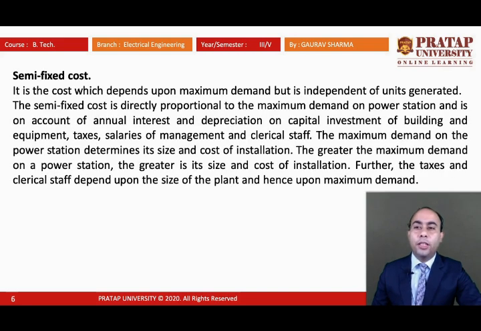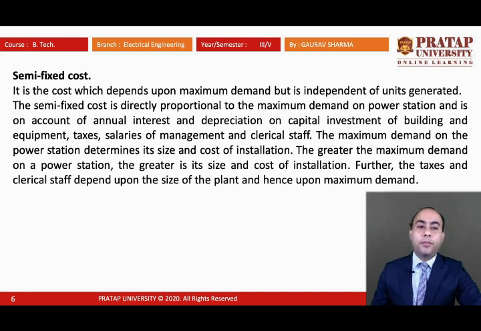When we look at the semi-fixed cost, it is the cost which depends upon maximum demand but is independent of units generated. The semi-fixed cost is directly proportional to the maximum demand on the power station and is on account of annual interest and depreciation of capital investment in building and equipment, taxes, salaries of management, clerical staff, etc. The maximum demand on the power station determines its size and cost of installation.